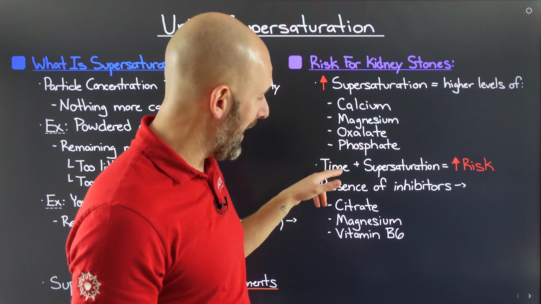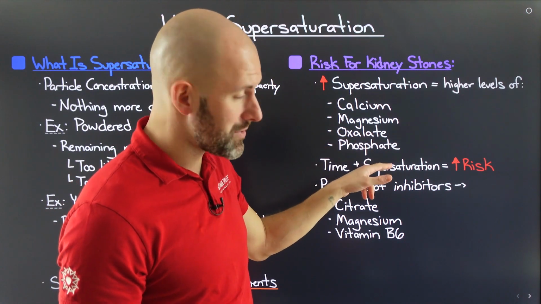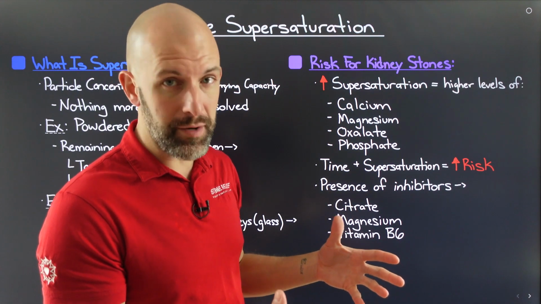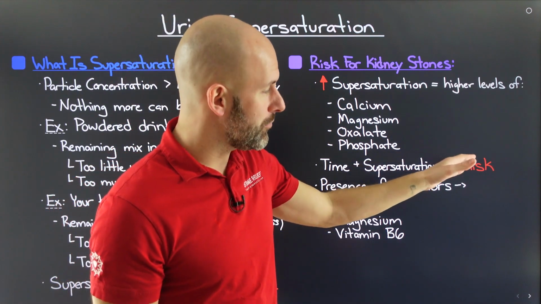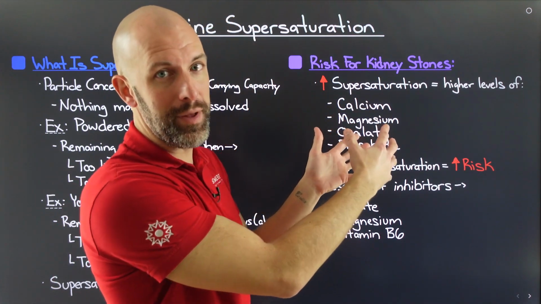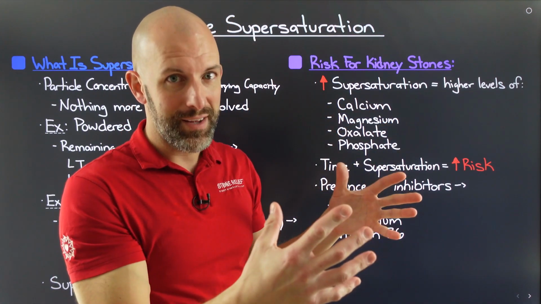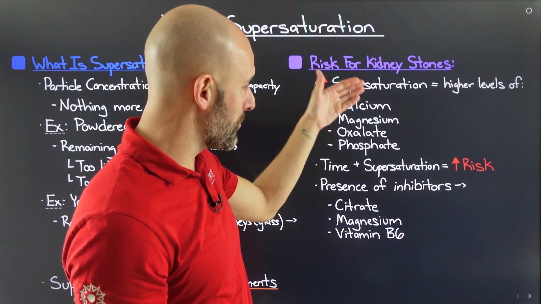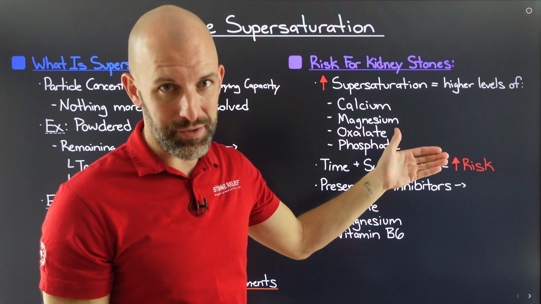So when you have adequate time plus supersaturation, meaning all those free elements ready to bind with each other, your risk increases because you have stone-forming elements that are free, plus they have time to bind together, thus increasing your risk for kidney stones.